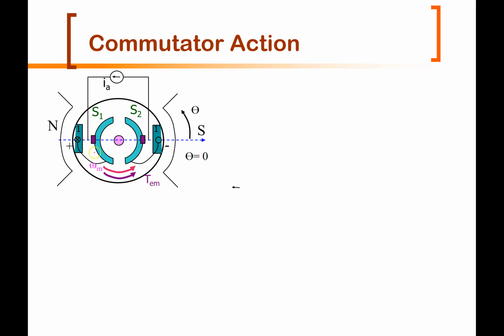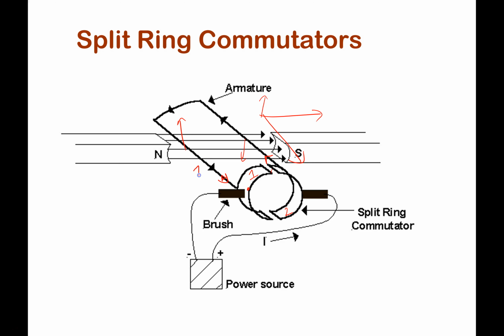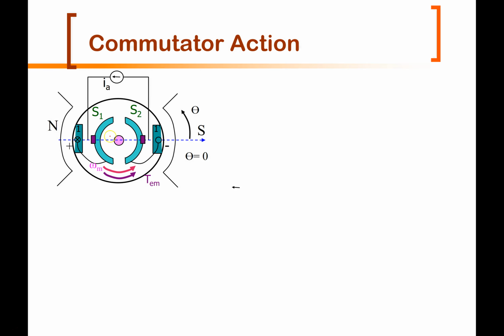We have in one case winding 1, winding 1 prime. This is like this winding here, 1, 1 prime. And we have our brushes and our commutator.